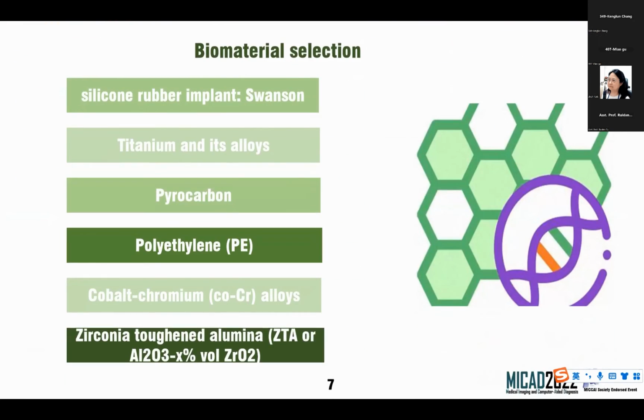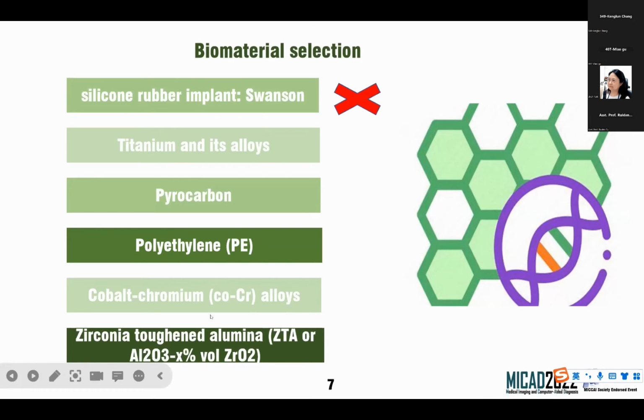As for the biomaterial selection, the listed biomaterials were mainly used in lunate arthroplasty in case of Kienböck disease, and the Swanson silicone rubber implant was the first one to be utilized in that context. However, it was eliminated because of its silicone synovitis formation.